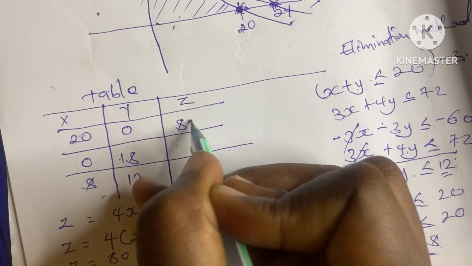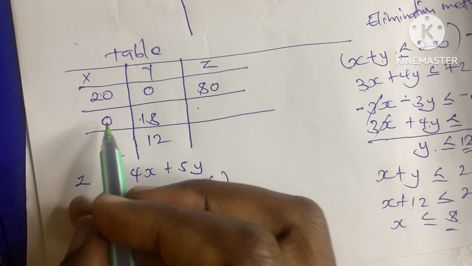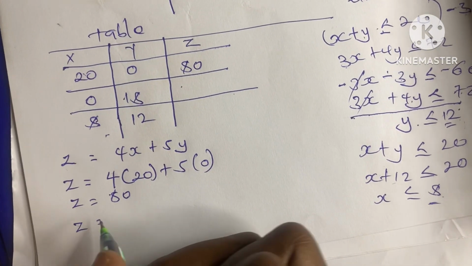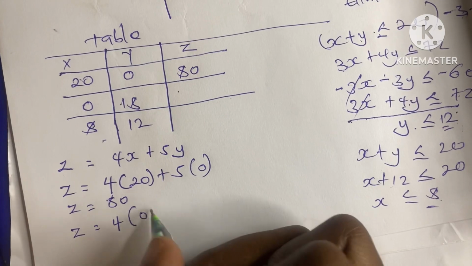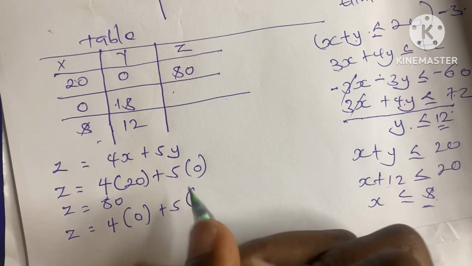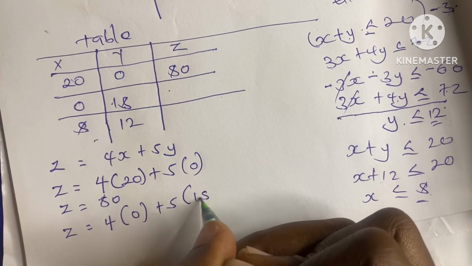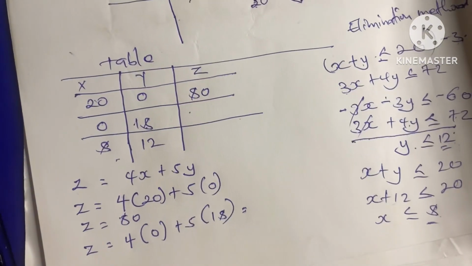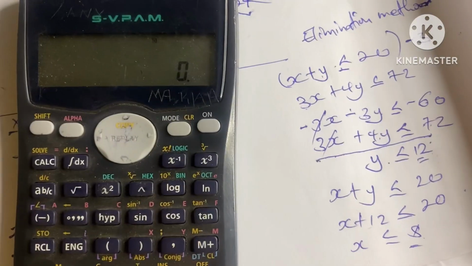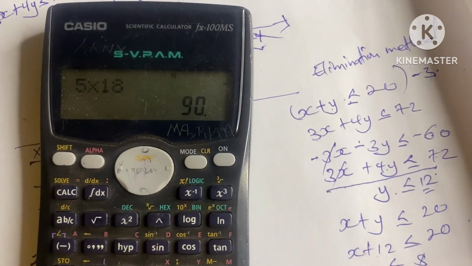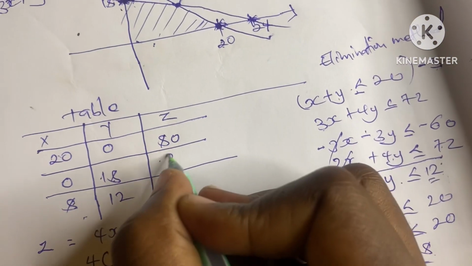So 80 is what we put there. Then for the next one, z equals 4, our x is 0, then 5, 18. This is already 0, then 5 times 18, it makes it 90.